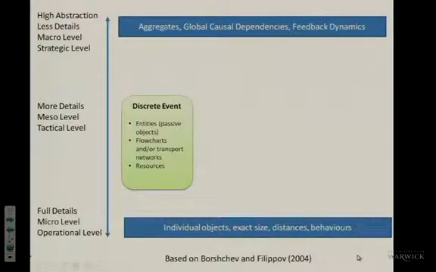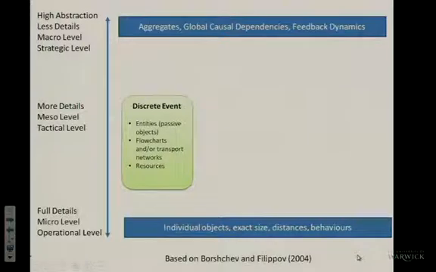You can have some analysis at the level of operations, at the level of micro behavior and full details of a system, or as you move along in the organization or in different areas, a more strategic level or macro perspective, where you don't pay too much attention to the details, you are less focused on the detail, and you try to abstract from the basic detail of the operations of a system.